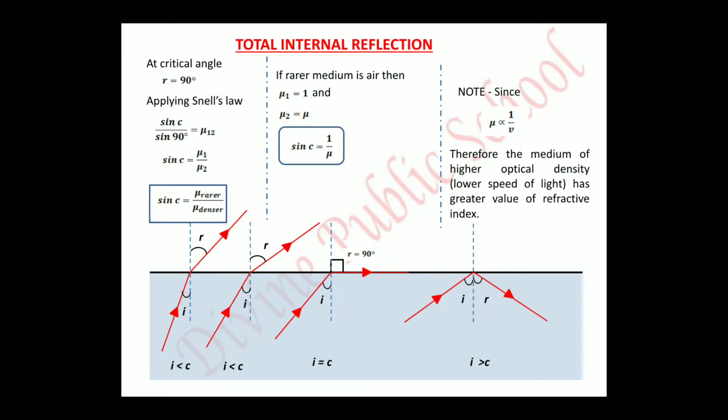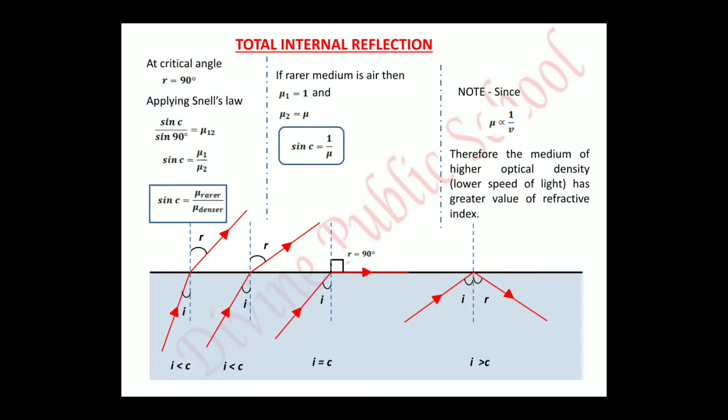Higher optical density has higher refractive index, so the medium whose refractive index is 1.4 is of higher optical density. This is a very important point, and it will help us understand the further phenomena.